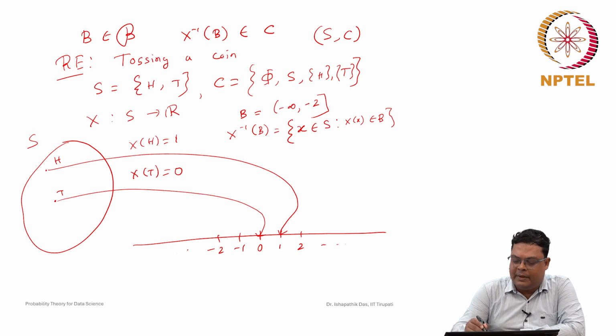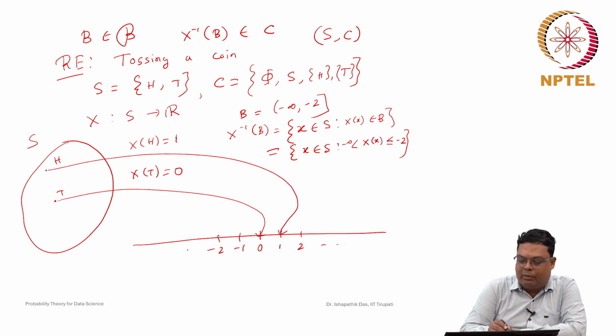Now, B we have considered this. So X belongs to B means it has to be less than or equal to minus 2, because it is closed, and greater than minus infinity. That is what we have to check. So what are those points satisfying this relation?